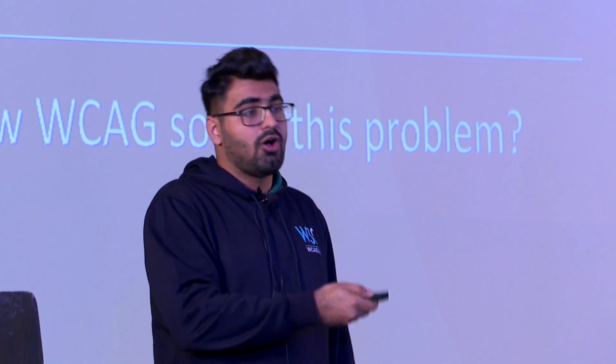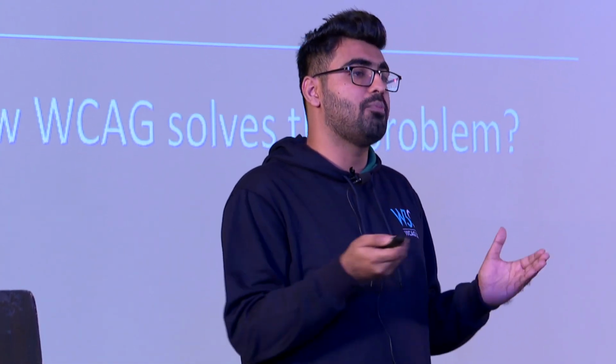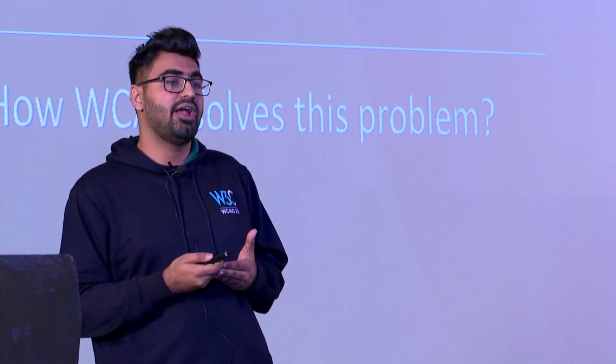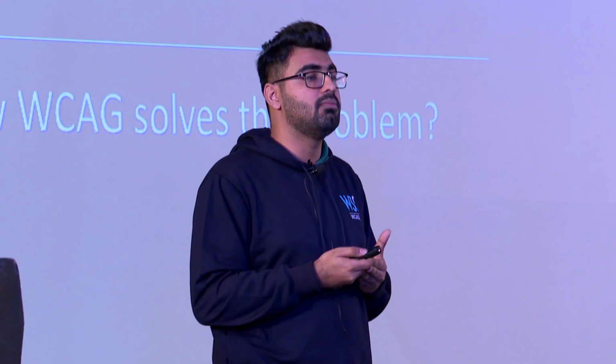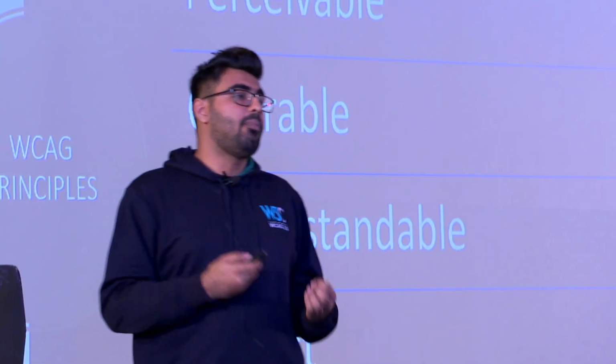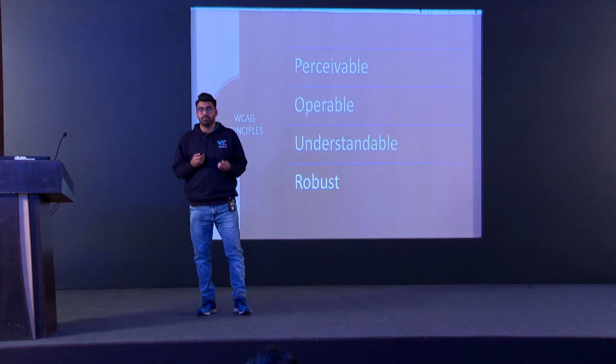How does WCAG solve this problem? You have already seen the accessibility devices. Now, if you are developing a website, how are you going to solve this problem? WCAG gives us 4 important principles: perceivable, operable, understandable, and robust.